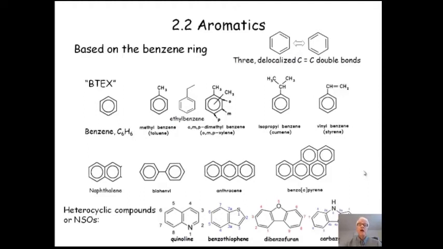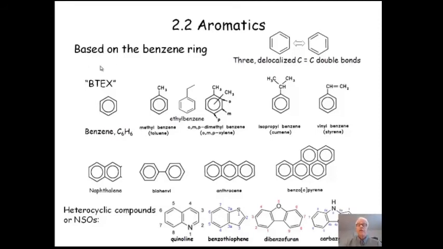Aromatic hydrocarbons dominate our concern about petroleum hydrocarbons. The aromatic hydrocarbons are based on the benzene ring, which has three double bonds somewhere in that ring structure. It makes the ring very stable. In most contaminant situations, we're particularly concerned about the monoaromatic hydrocarbons, that is one benzene ring.